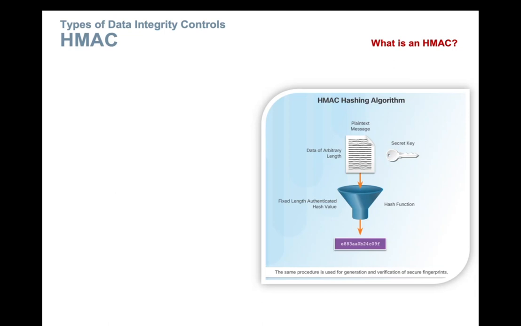One way to do this is to include the secret key in the hash using a hash algorithm called keyed, or key based, hash message authentication code, that is HMAC, or KHMAC.